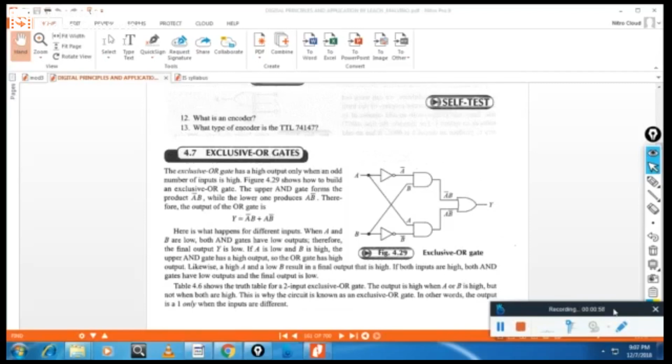So the expression for the exclusive OR gate is y is equal to a bar b plus a b bar. Now the question comes, why do we have to study the exclusive OR gate here?